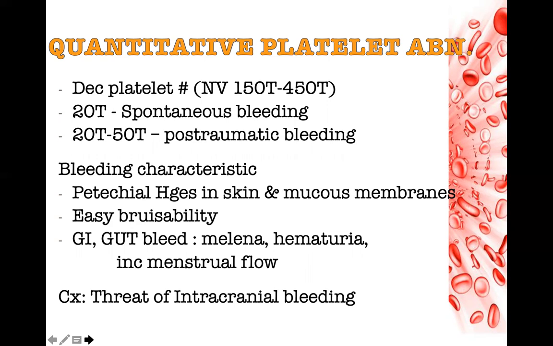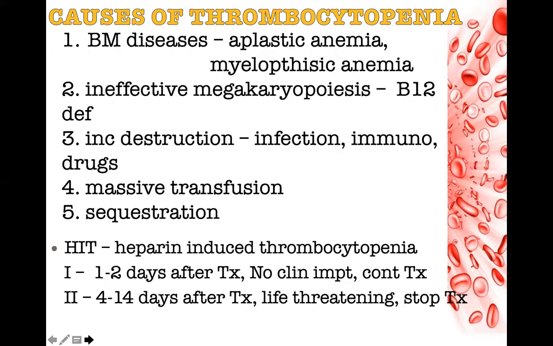We may also see gastrointestinal as well as genitourinary bleeding in the form of melena or black tarry stools, hematuria, as well as menorrhagia or increase in menstrual flow. The most feared complication of a very low platelet count is a threat of intracranial bleeding.